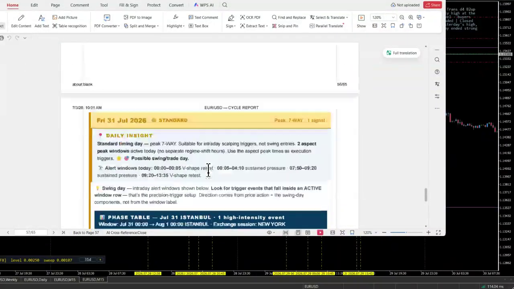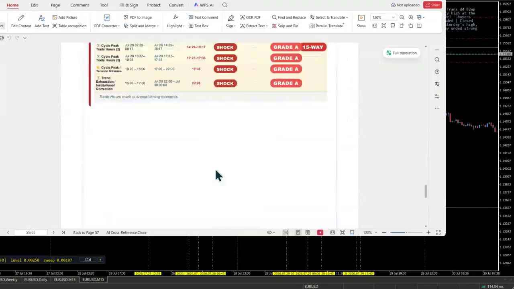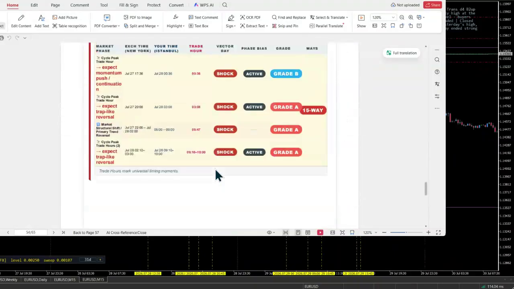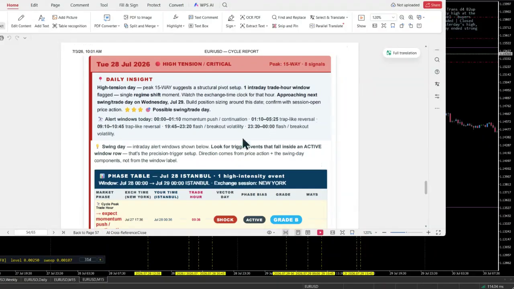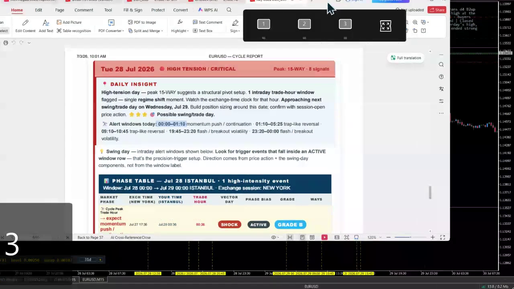First of all, let's go into these shock days, shall we? Did it give us a special time for euro dollar? Because this is Tuesday and it's already giving me windows. It's saying, well, this is Asia, so that's pretty much when the market is opening up. I've got a trap-like reversal from 10 past 1 to 5:25.